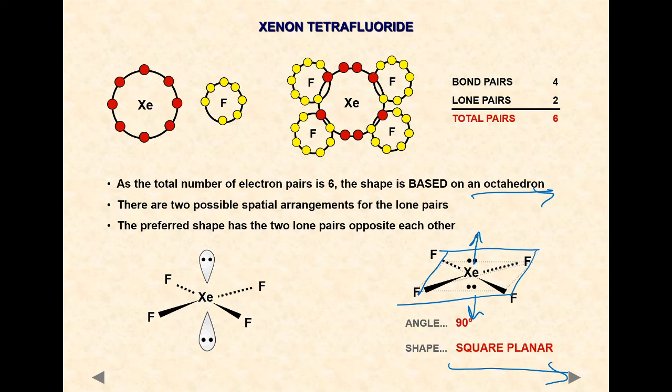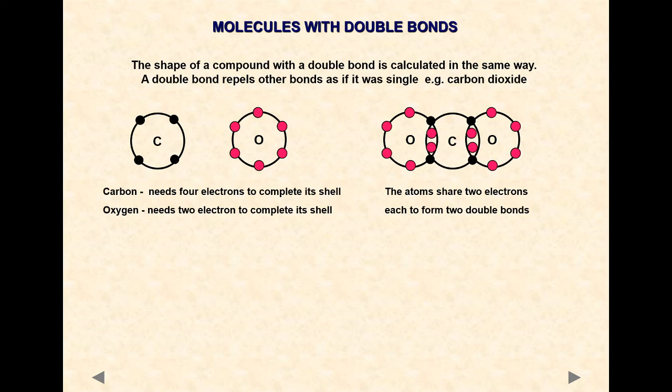Let's go to those that have multiple bonds. Now remember, we said a double bond, a single bond and a triple bond are treated in a similar way. Let's look at carbon dioxide.